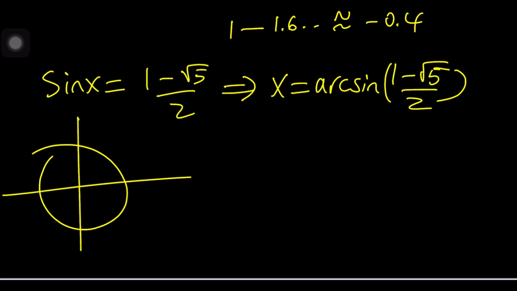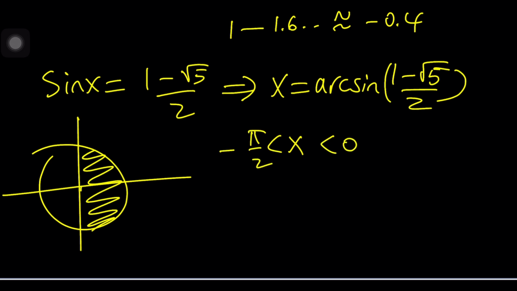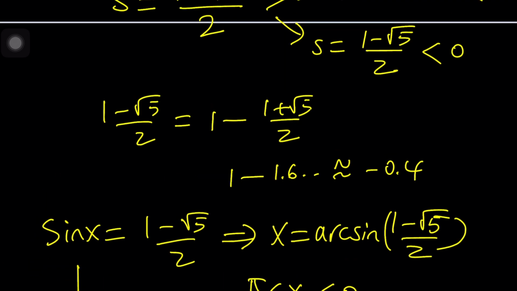So whenever you have a negative value, your answer must be between negative pi over 2 and 0. Make sense? So in other words, x is between negative pi over 2 and 0. Of course, you need a calculator to find this.